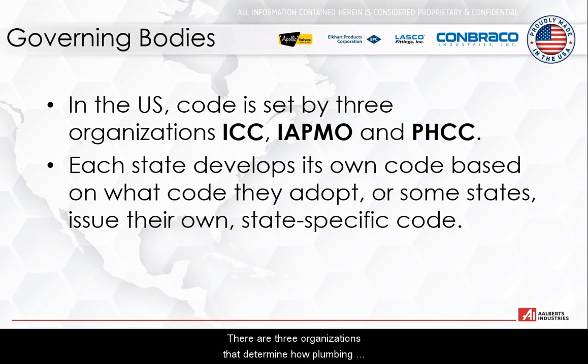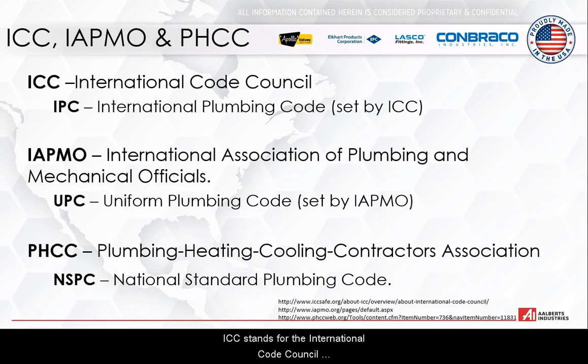There are three organizations that determine how plumbing should be installed across the United States: ICC, IAPMO, and PHCC. Each state develops its own code based on what organization they follow, or some states set their own specific code.